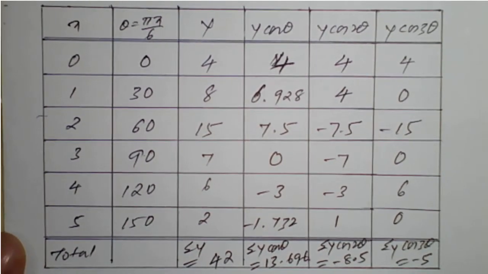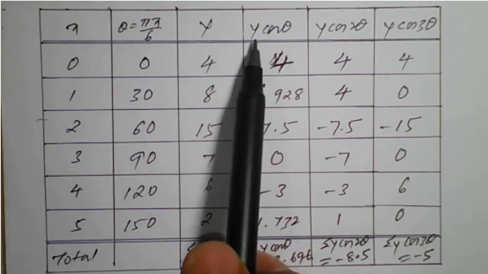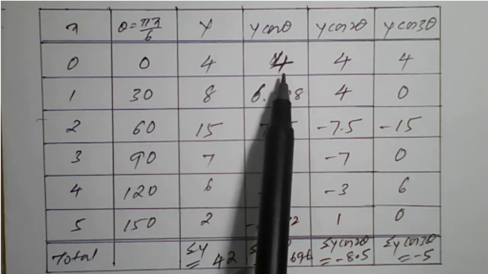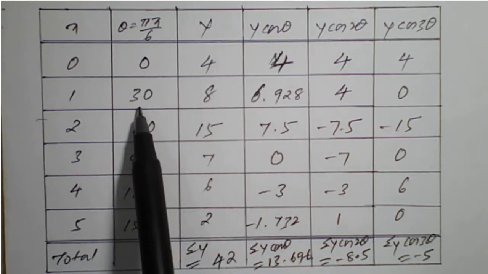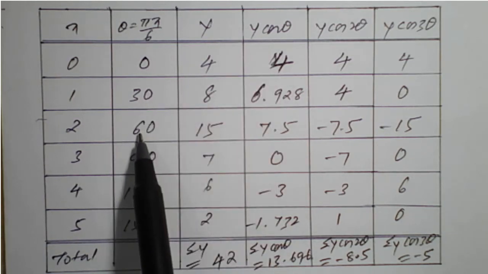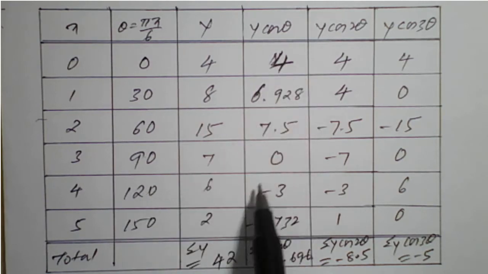So in this way we need to complete the table. We know how to find the values. We need to multiply y into the theta value: y into cos of 30 into 8, cos of 60 into 15, cos of 90 into 17. So we'll get y cos theta.